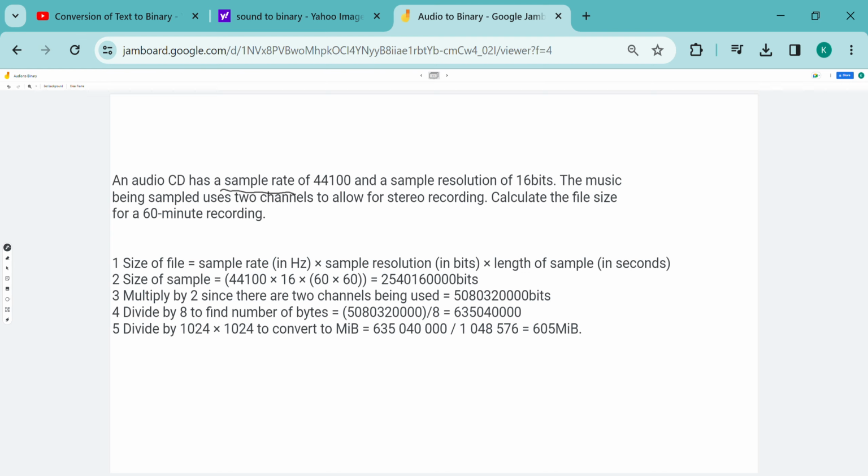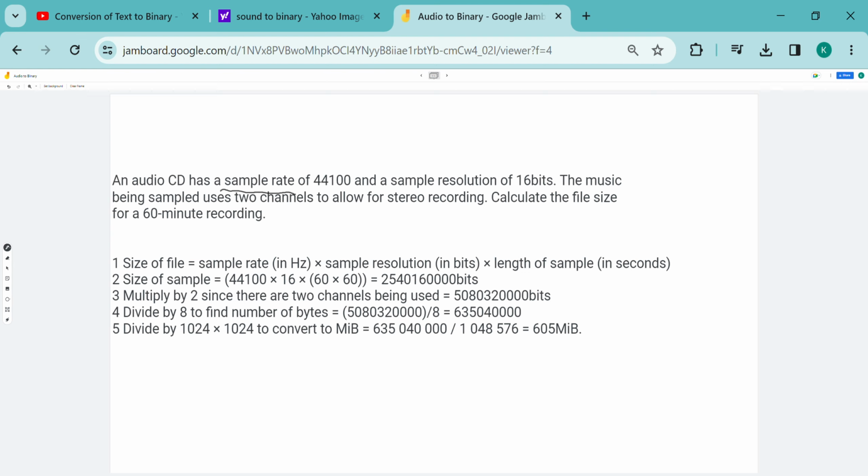Now we need to calculate the file size for a 60-minute recording. Very simple. I am going to convert this 60 minutes into seconds, because as we discussed earlier, in order to calculate sample rate, we measure it per second. So the first step is that we convert this into seconds.